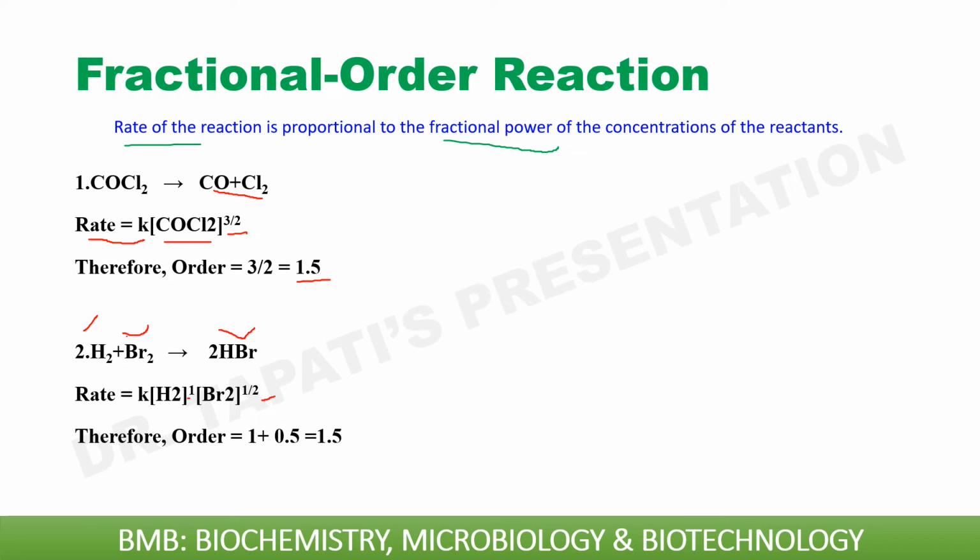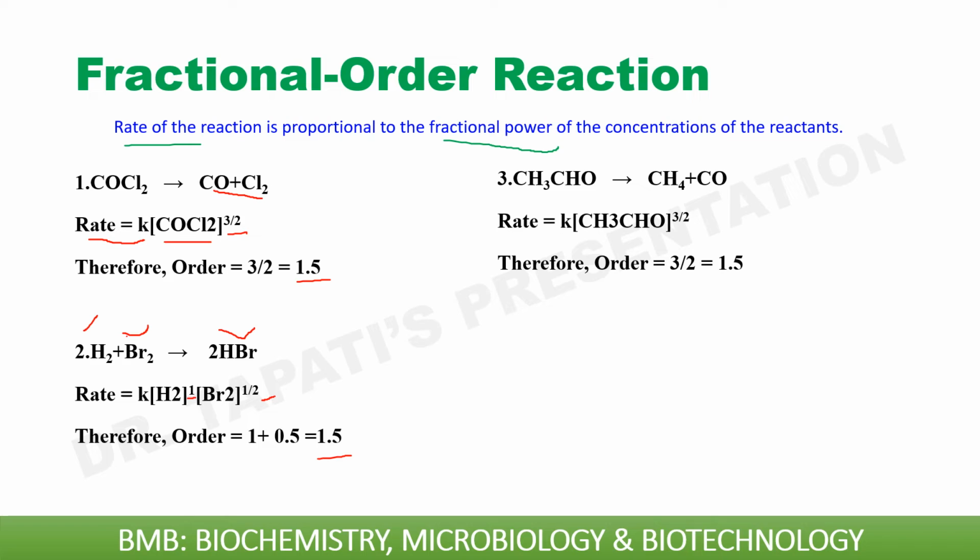So in that case, order of the reaction is 1 plus half, that is equal to 1.5. Now third example is conversion of CH3CHO to CH4 plus CO. Here rate of the reaction is K into CH3CHO power of 3 by 2, and in that case order is 1.5.